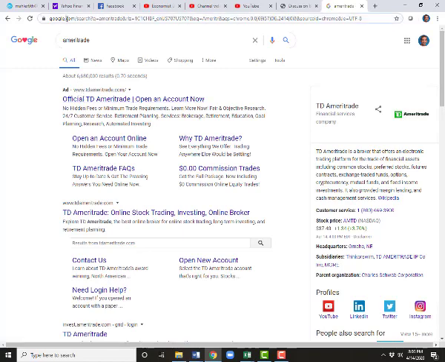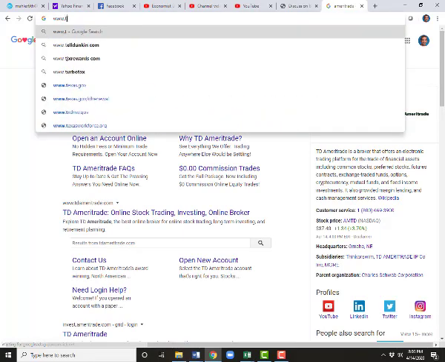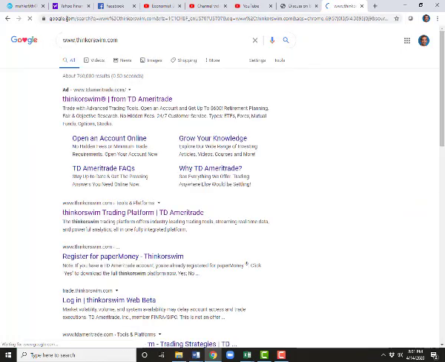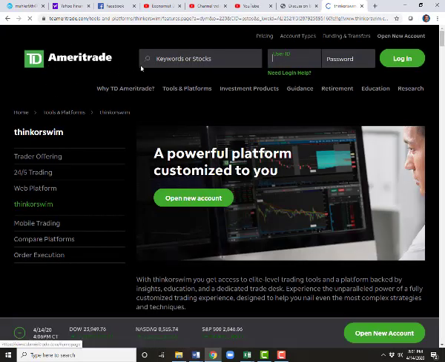Here's their official site, but you can actually go to thinkorswim.com, and they have an open new account option. You can go in there, and they actually have trading tools that you can try.